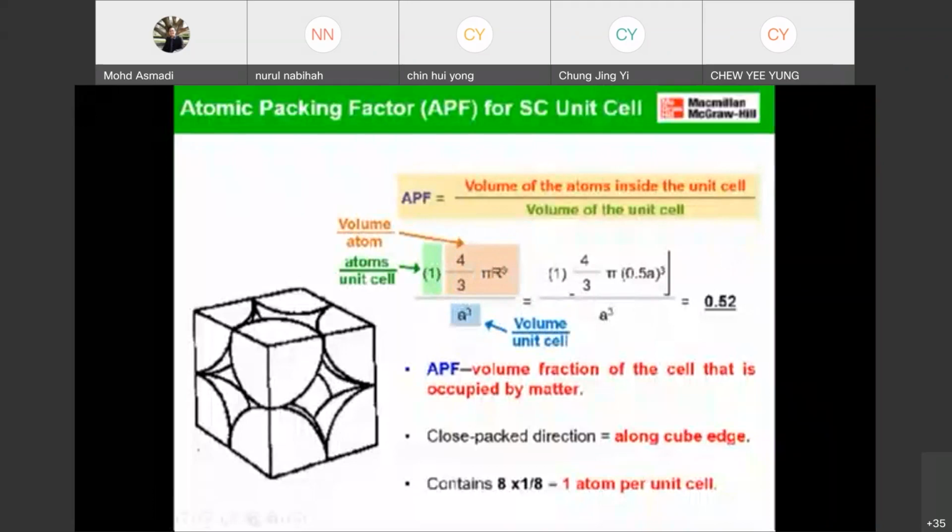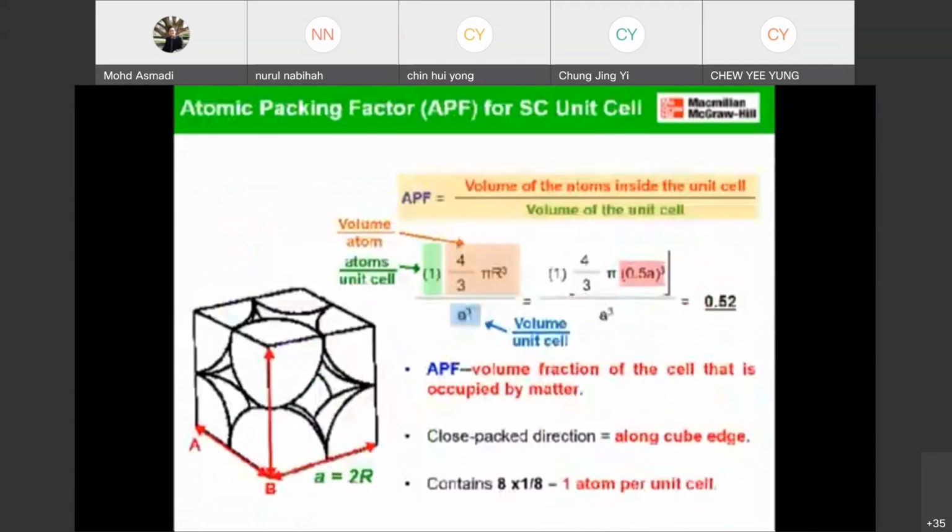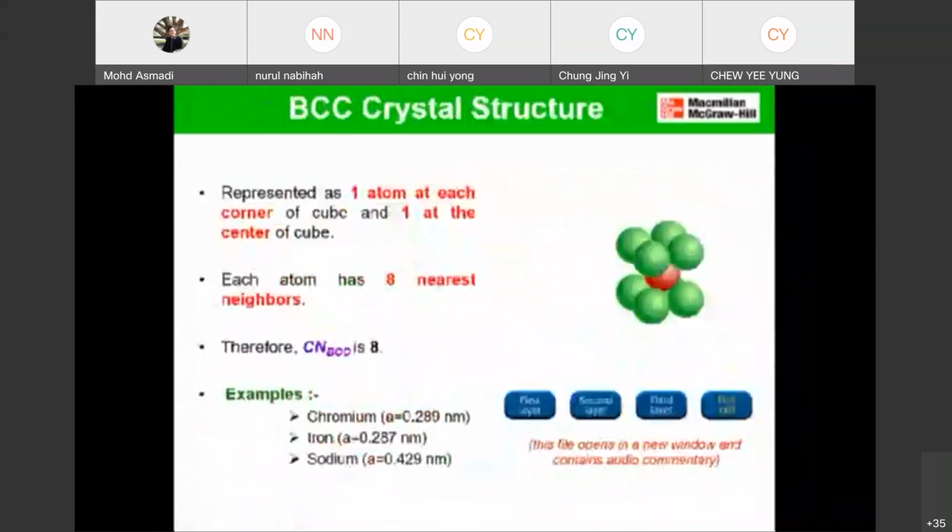Since the radius, if you look here, this is the radius, right? And a to the power of 3. Like this one, the diameter, not the radius. So A equals 2R. This one is the diameter. This one is the radius. Half of the diameter is the radius.